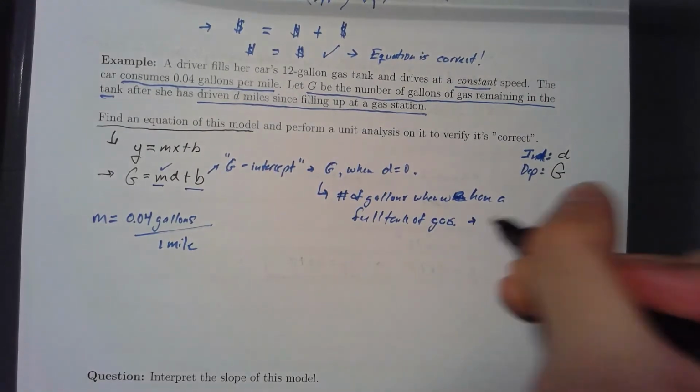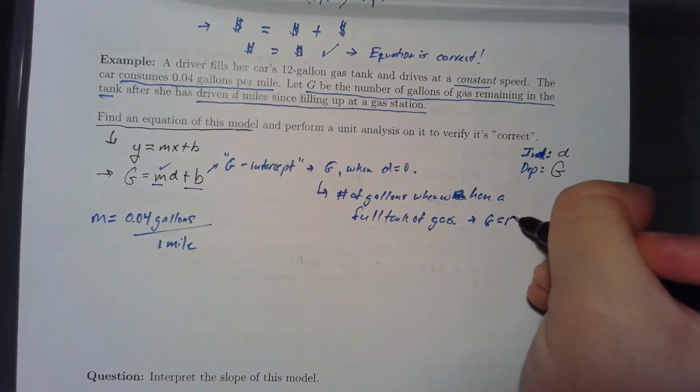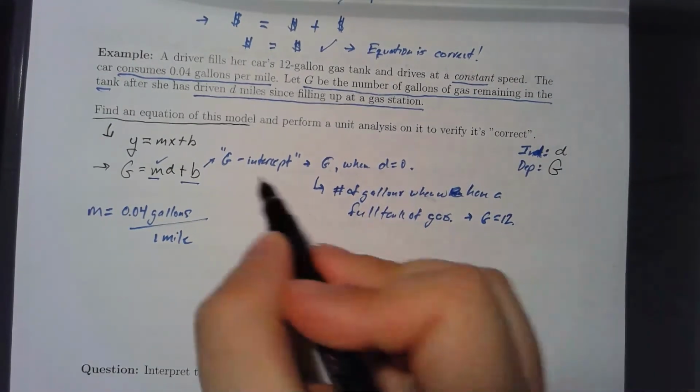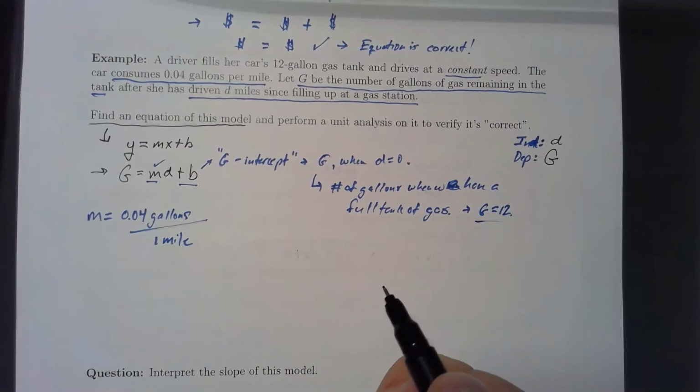It's a 12-gallon gas tank, so G equals 12. So the G-intercept is 12, which is this value.